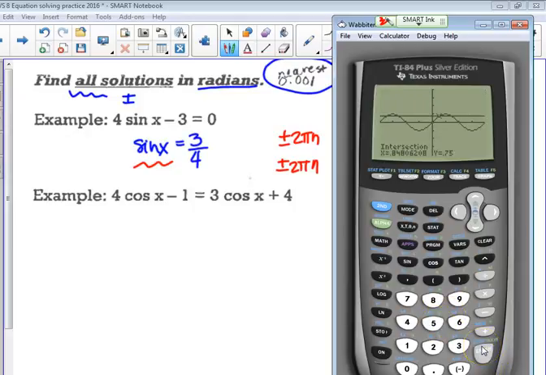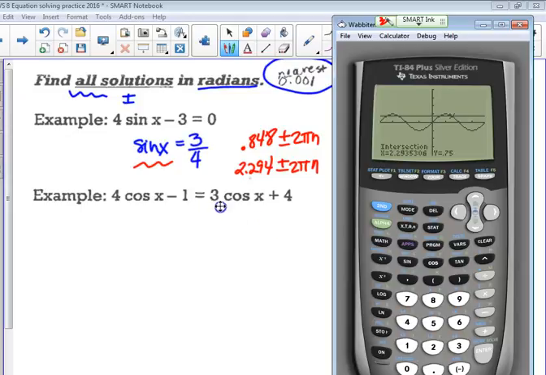I get 0.848 for the first one. And then if I go second, trace, intersect, enter, enter, but then I got to scroll over closer to the other one. I get 2.294 maybe. And those will repeat every 2 pi. Does that seem okay? Can do that section where you just graph.